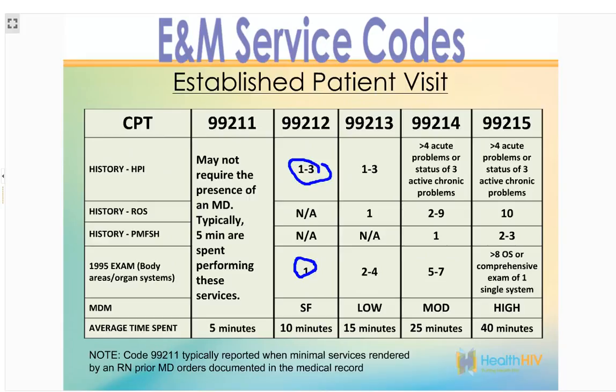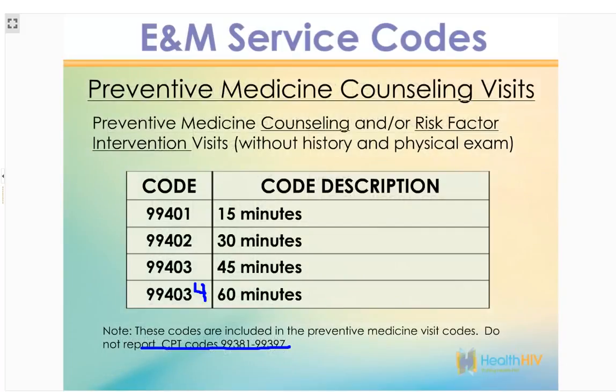The coding guidelines say yes, you can do that, but the payer may come back and say, no, we're not going to reimburse when you report the two codes together. So it's very important that you follow up with the payer to get specific guidance from them, because they will guide you in terms of how you should be reporting your codes, and what they're going to pay for and what they're not going to pay for.